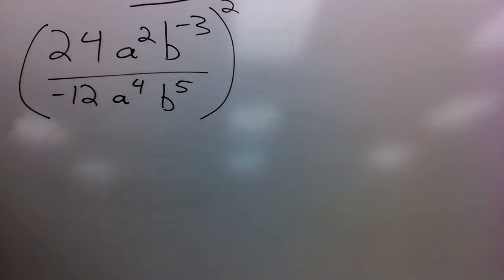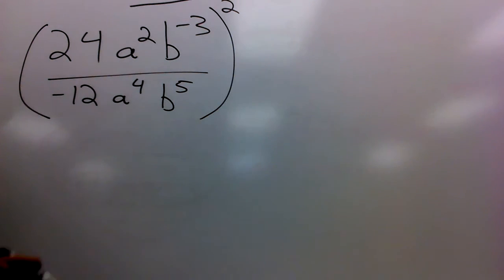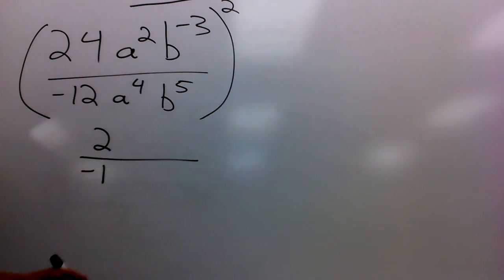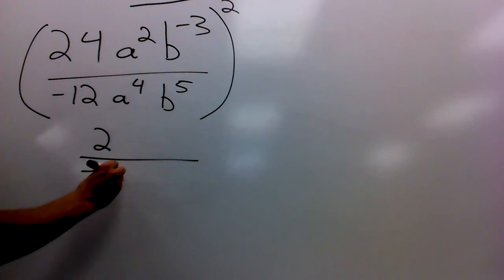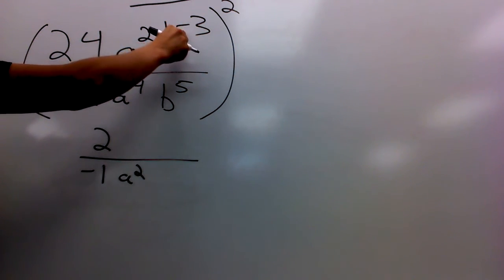Now there's multiple things we can do here. I think I'm going to deal with the inside. I'm going to simplify the inside first, and then we'll square it. 24 and 12. Divide both of those by what? 12. So that's going to be 2 over -1. Subtract a squared. This b to the -3 comes down to the bottom.